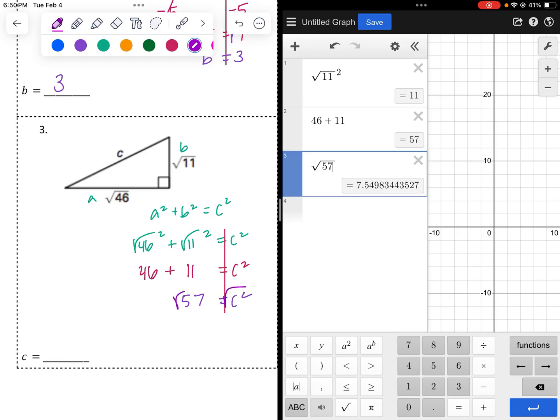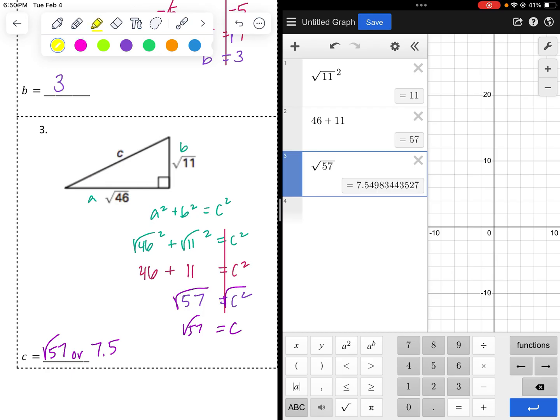I get c is equal to, so this one is not a nice number. I can leave it as the square root of 57, or I can put it in decimal form, rounding to the nearest tenth, so one place after my decimal. The 4 does not round up the 5, so it's just left at 7.5.